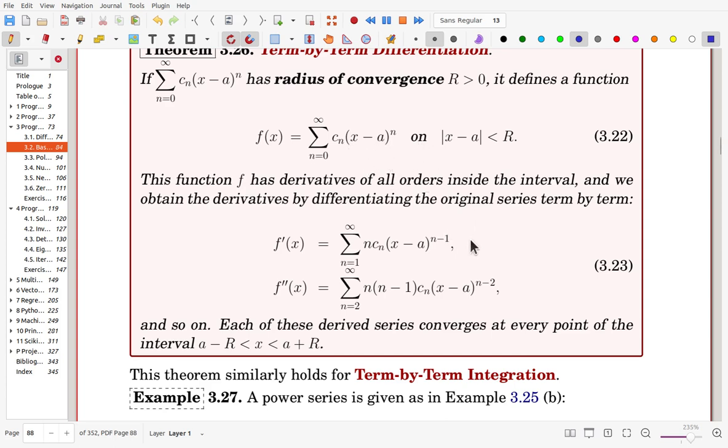We know the formula: integration is the opposite operation of derivative, so from x to the n, the integration is 1 over n plus 1 times x to the n plus 1. From this one, if you take the derivative, you reach that. So term by term, you can get the whole integration. This is really advantageous in many applications.